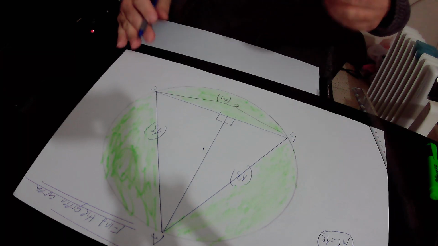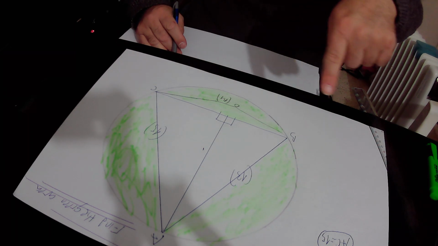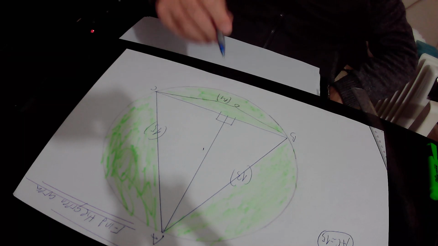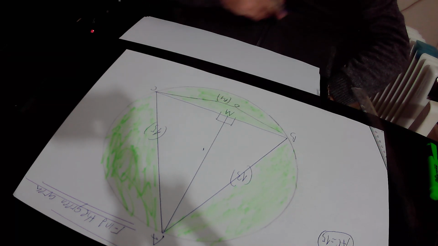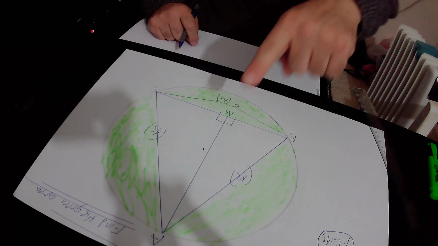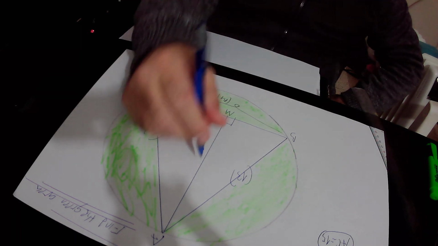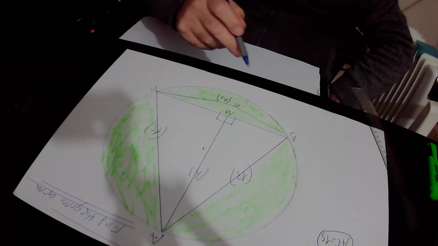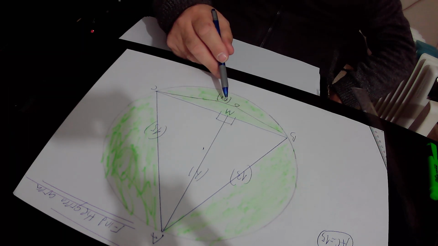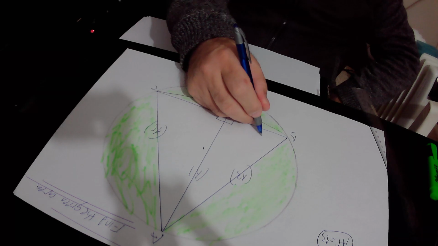We define the touching point of the perpendicular from point A on BC as M. We define side AM as H. We define side BM as X.